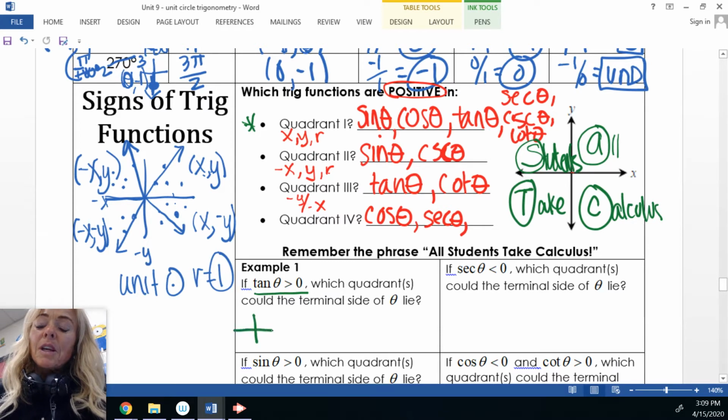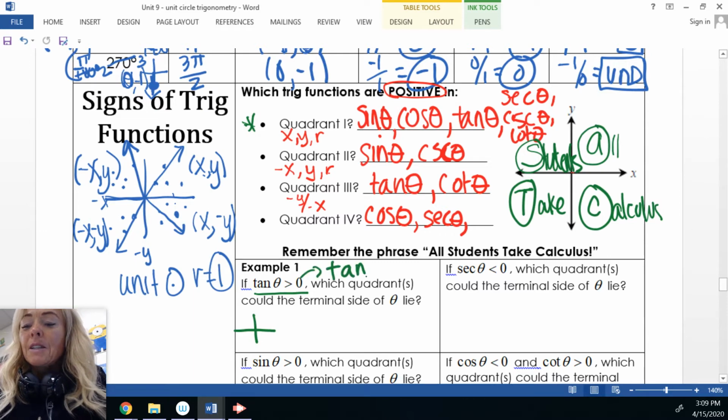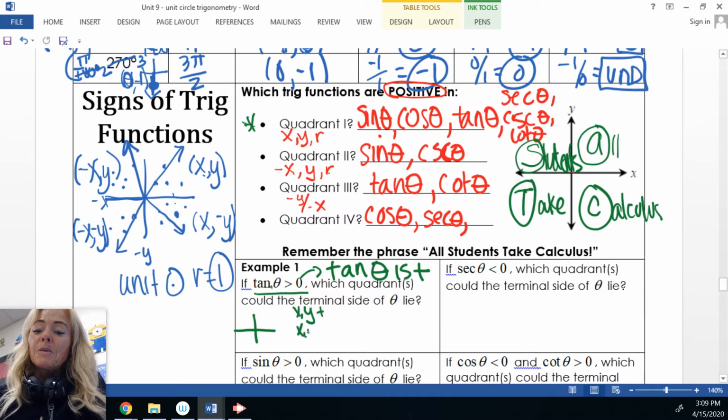Tangent theta is greater than 0 means that we're asking for where tangent is positive. I'm just going to explain really quickly. It's in quadrants 3 and 1, because tangent is positive where both x and y are positive or both x and y are negative.